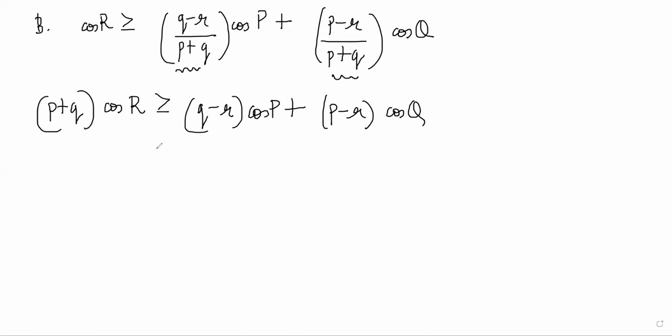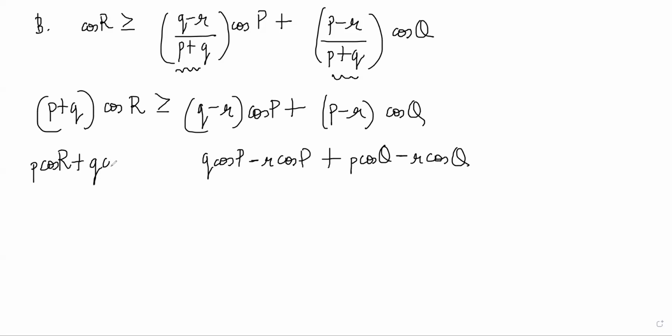Now, we will work with the option itself and see if it comes down to something that is sensible, right? So this is Q cos P minus R cos P plus P cos Q minus R cos Q. And here you have P cos R plus Q cos R, right?